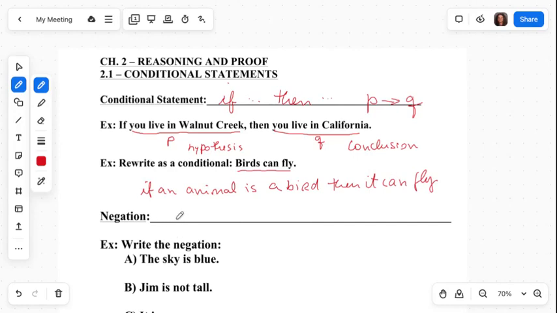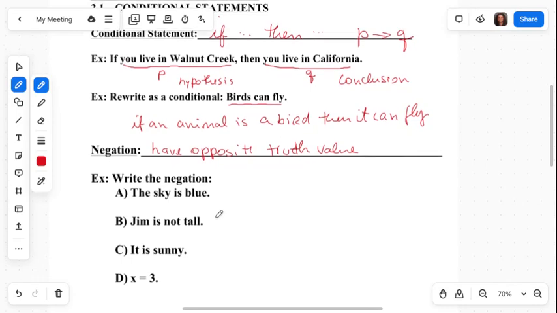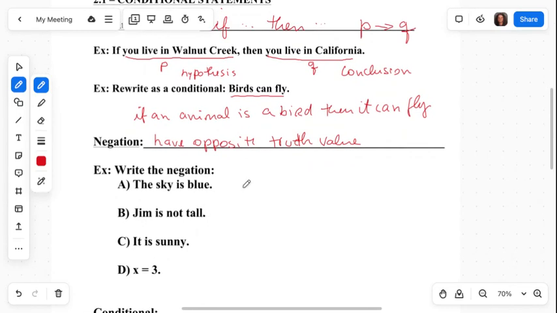So how do we do the negation of this? The negation is always going to have the opposite truth value. Let's take a look here. Write the negation of these statements. The sky is blue, so the negation would be the sky is not blue.